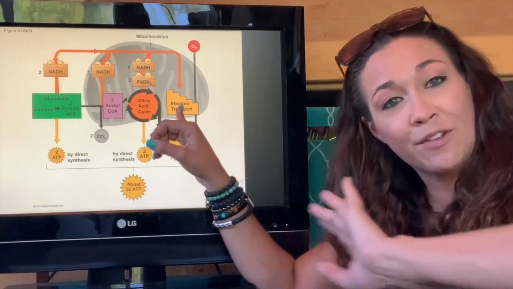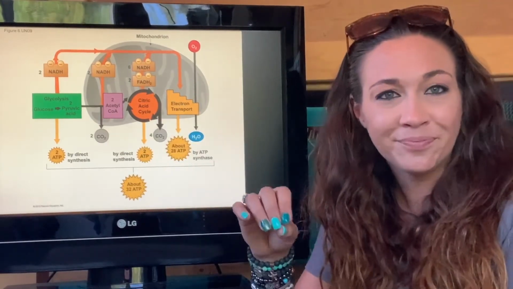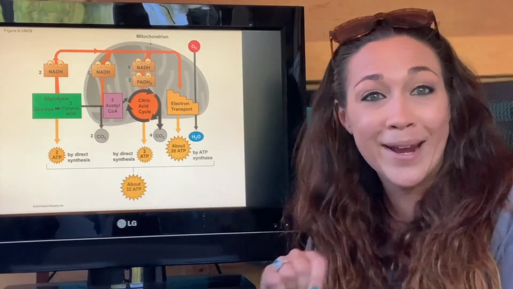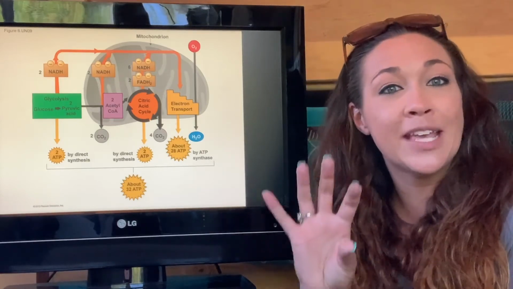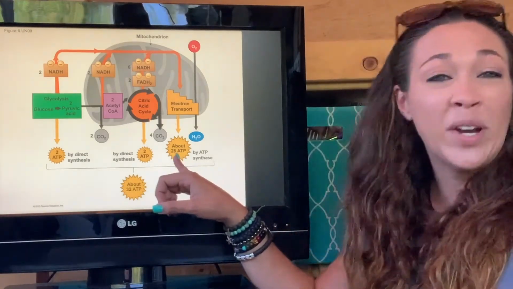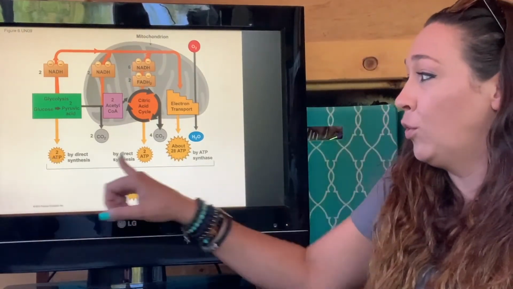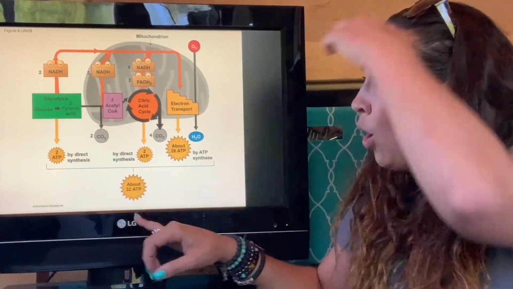Those hydrogen ions get forced across the membrane, creating an artificial gradient, which then forces their way through the ATP synthase, turning the ATP synthase, making that ATP, a total of 28 ATP. For a total of 2, 4 plus 28 gives us 32 ATP.